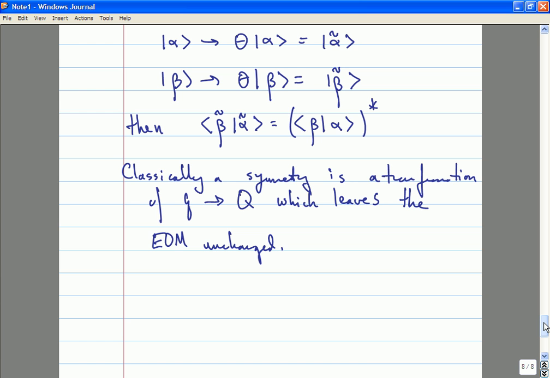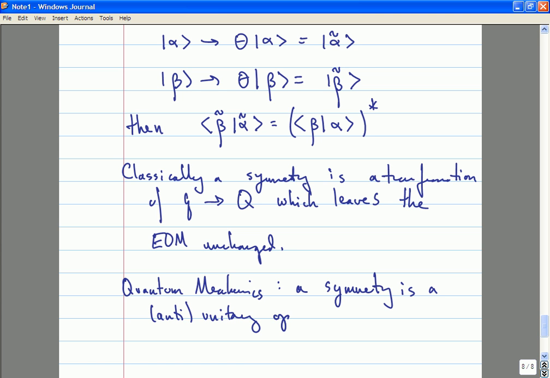So in quantum mechanics, a symmetry is a unitary or anti-unitary operator which commutes with the Hamiltonian.